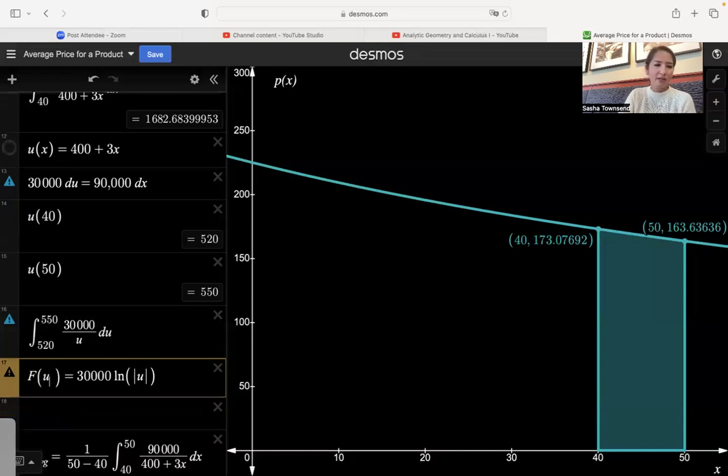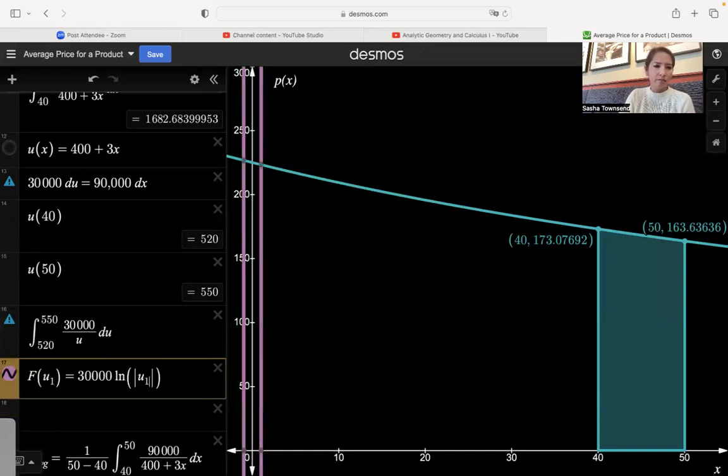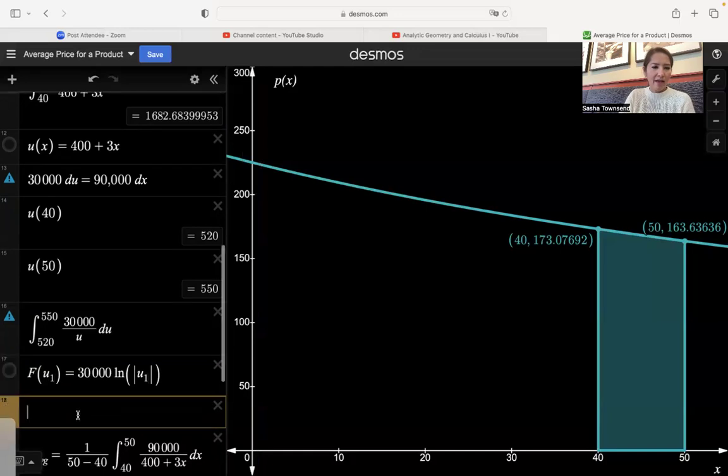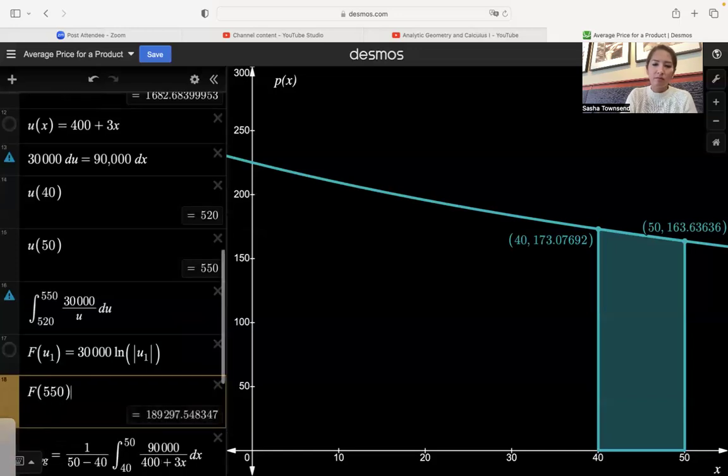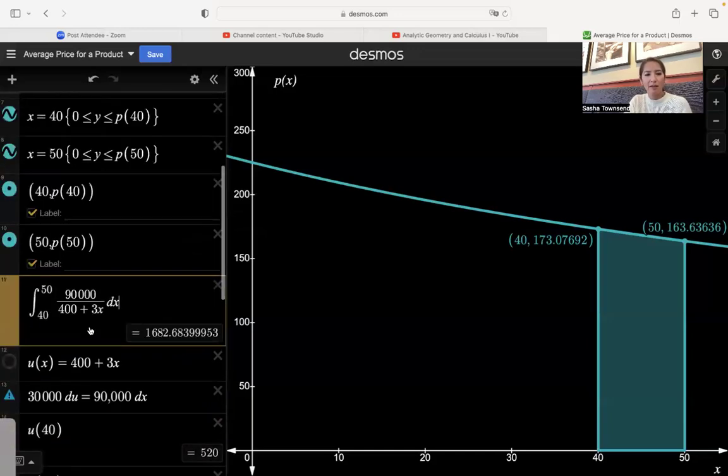I'm going to call this u sub 1 instead. And then we'll evaluate that function at 550 and 520 and subtract. And let's see, we get the same value that Desmos got from evaluating that integral, 1,682.68 approximately.